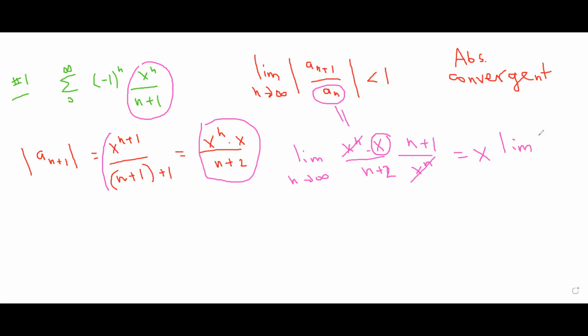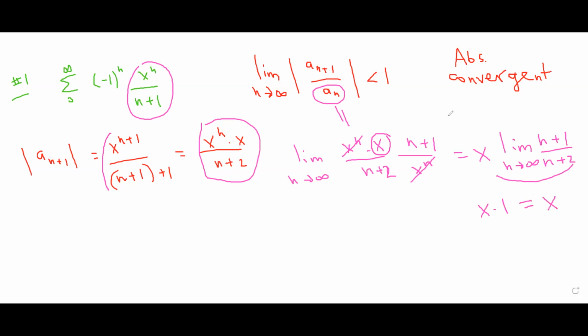So all I need is just to find the limit of n plus 1 over n plus 2, which is equal to number 1, right? When n approaches infinity. So I ended up with x multiplied by 1, which is just x.